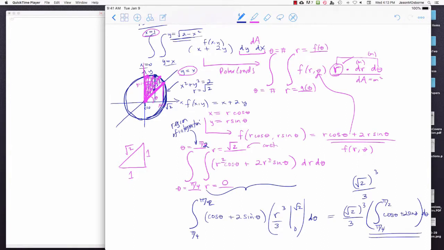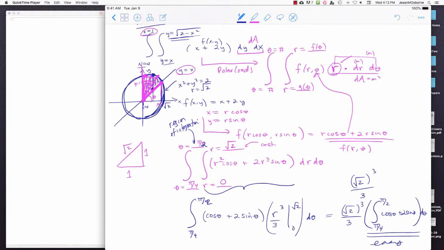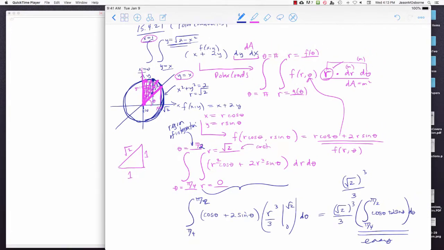And there are no difficulties with this integral. This is an easy integral to compute. If you compute those two, we can check and see if we've converted our integral correctly.